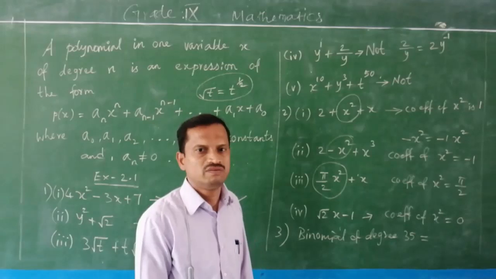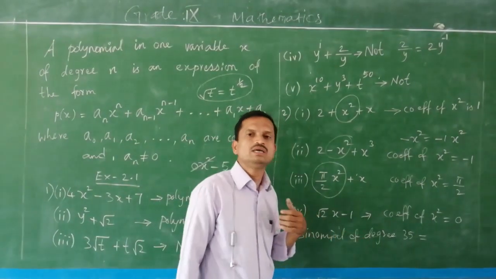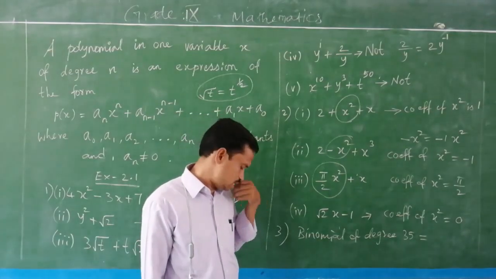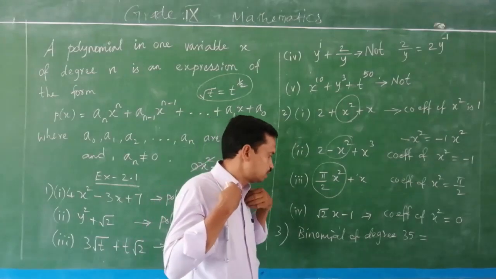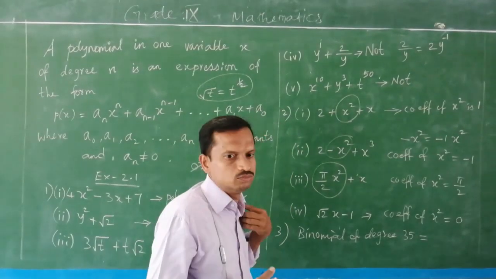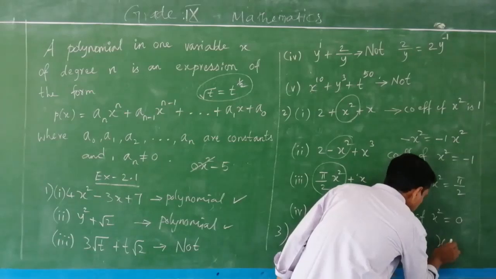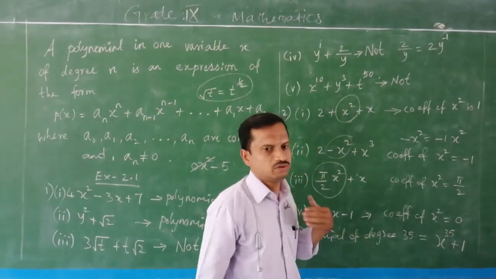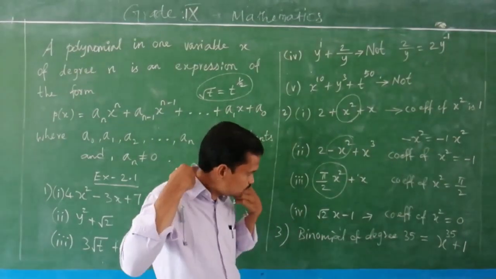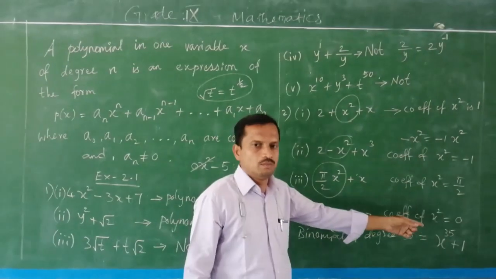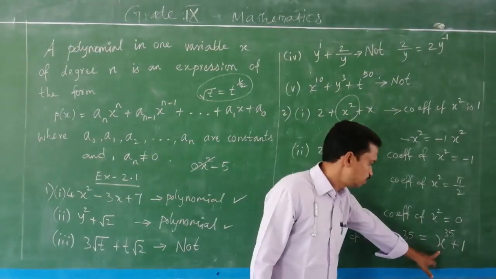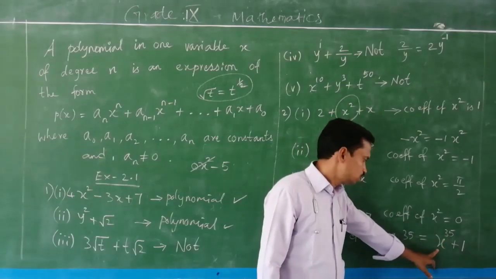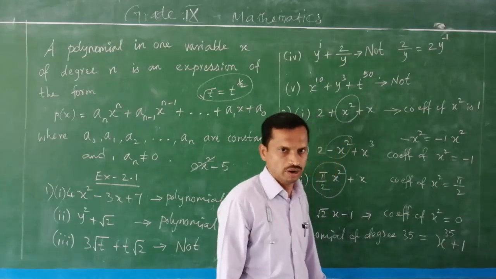A polynomial having 2 terms, but the degree should be 35. So that we have to notice. The degree should be 35 and it has 2 terms. So x power 35 plus 1. It is a binomial with variable x and whose exponent is 35, that is the highest power. So it is a binomial of degree 35.